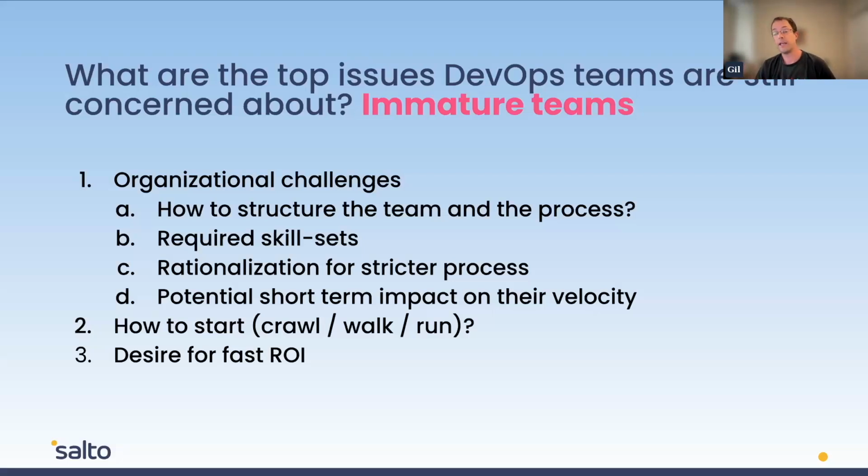Now, typically the next step is questions on how to start. And there are 2 approaches. The first one, which is typically probably destined to fail, is to start sprinting basically.